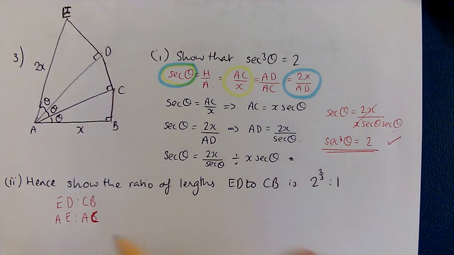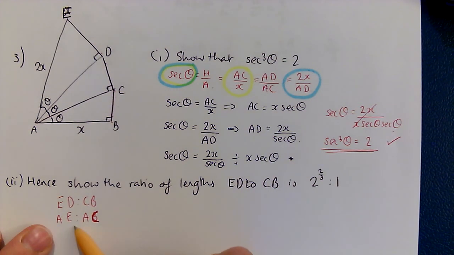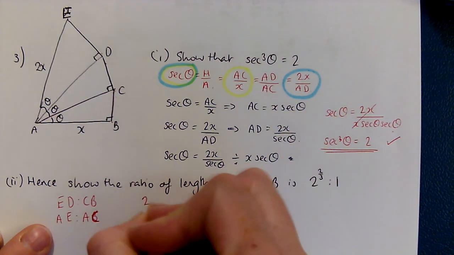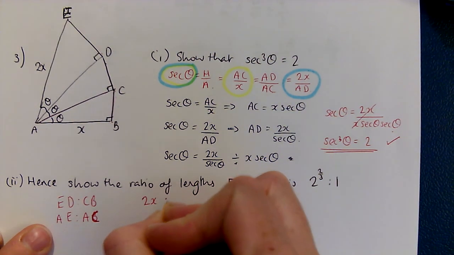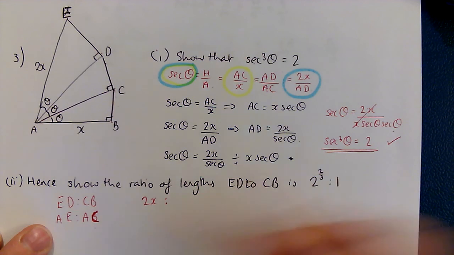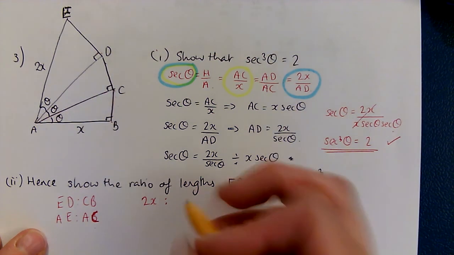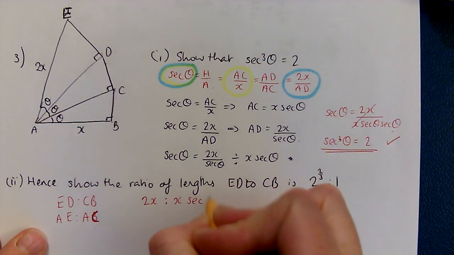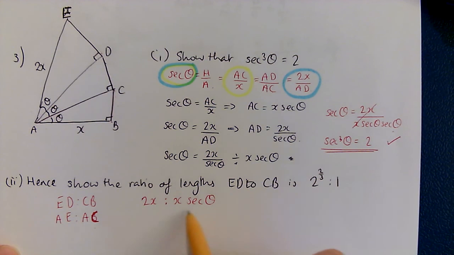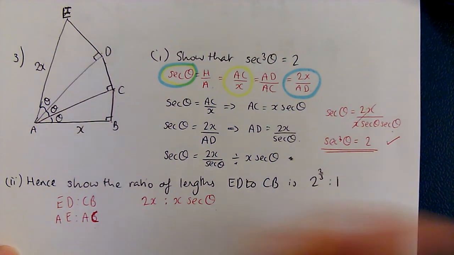Now we know that AE is 2x, and we have an expression for AC. So AE is 2x, and AC from earlier was x sec theta. But we know that sec theta is going to be the cube root of 2.